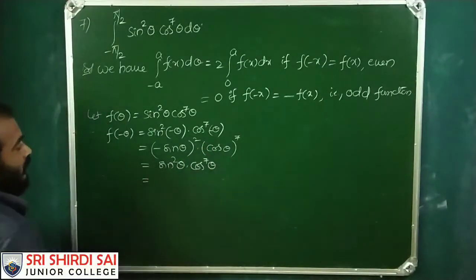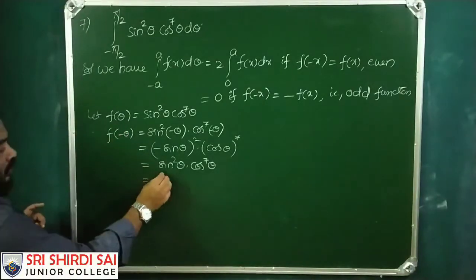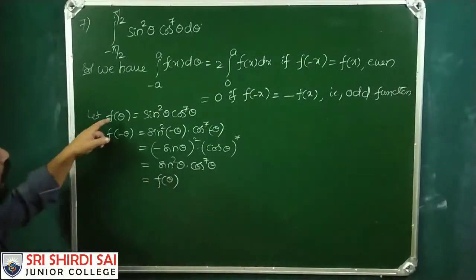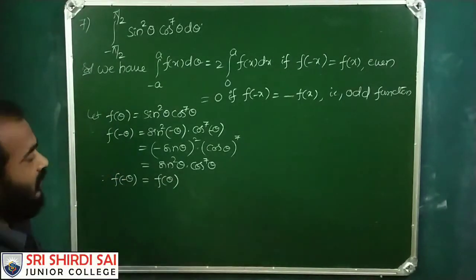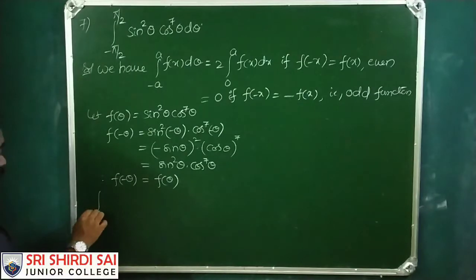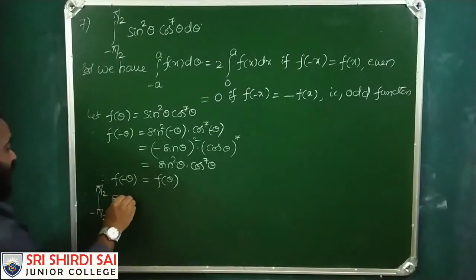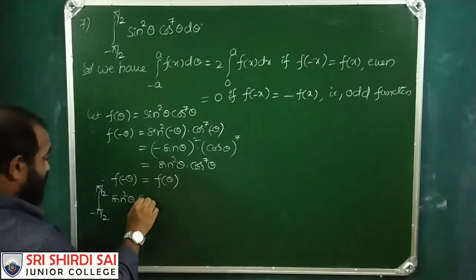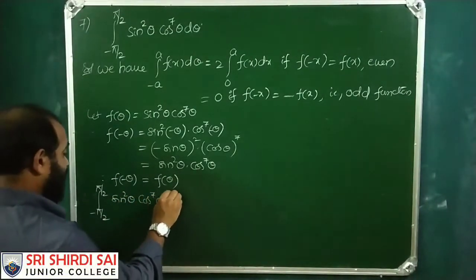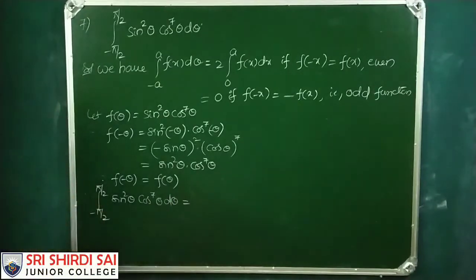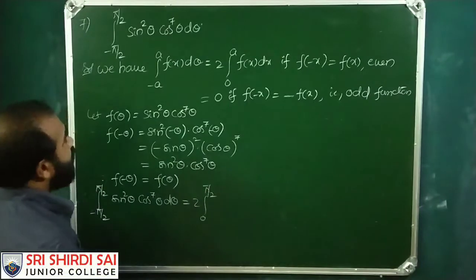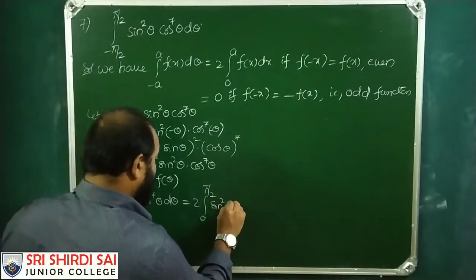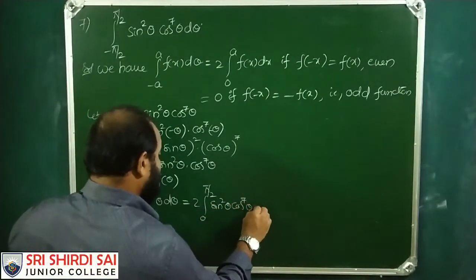So therefore this is f of theta only. Therefore f of minus theta is f of theta. Therefore integral minus pi by 2 to plus pi by 2 of sin square theta into cos power 7 theta d theta is equal to, this can be written as 2 integral 0 to pi by 2 of sin square theta into cos power 7 theta d theta.